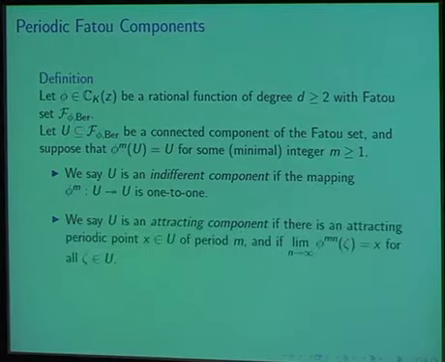Another thing that might happen is you might have an attracting periodic point somewhere in U, of the same period as U itself. And it might even be true that absolutely everything in U ultimately under iteration gets sucked in towards that attracting periodic point. So that's another thing that might happen.